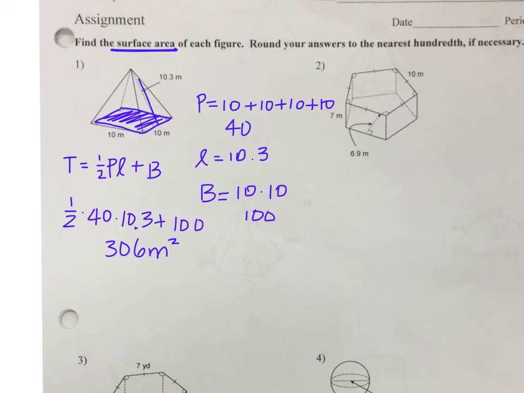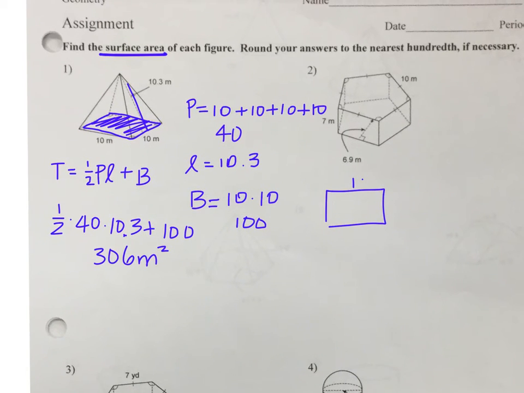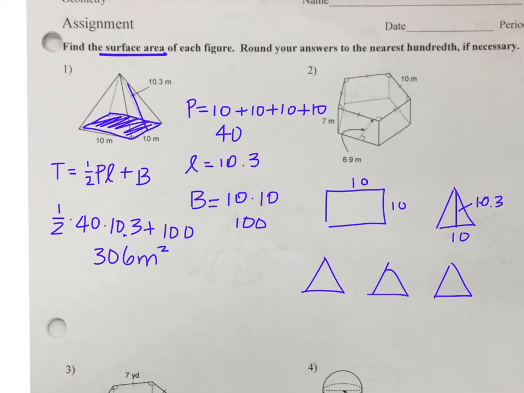That's the first way to do it. The other way to do it, whichever way you prefer, is you take that shape apart. It's got a square 10 by 10, and then it has 4 triangles, 1, 2, 3, 4, and the triangles are 10 by 10.3. So I can find the area of each of these polygons. 10 times 10, the area of that one is 100.